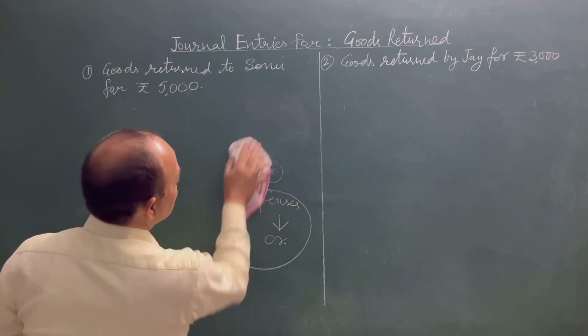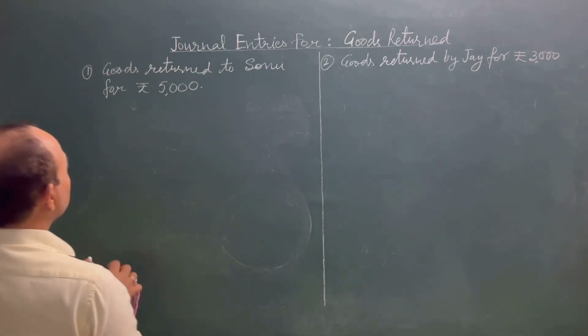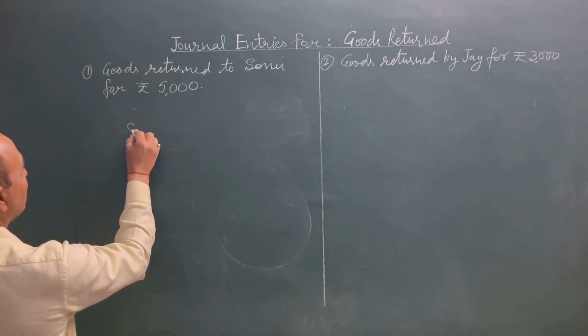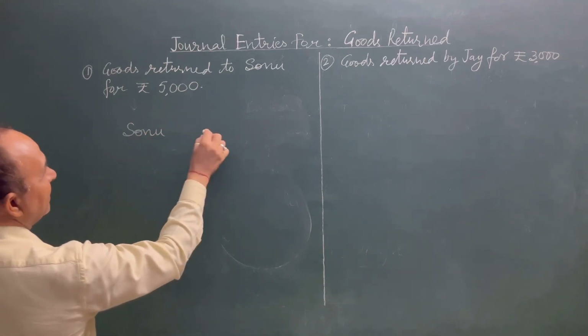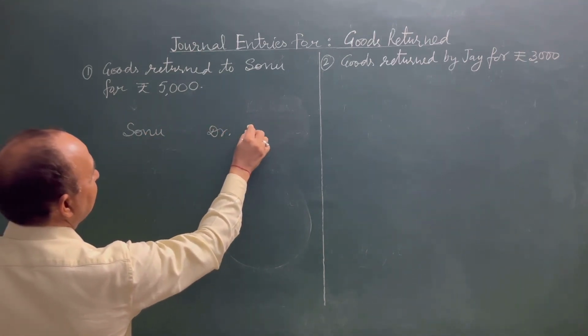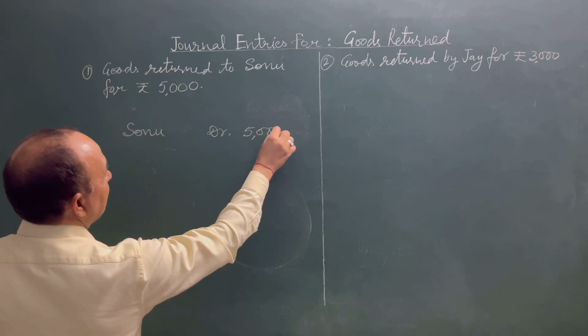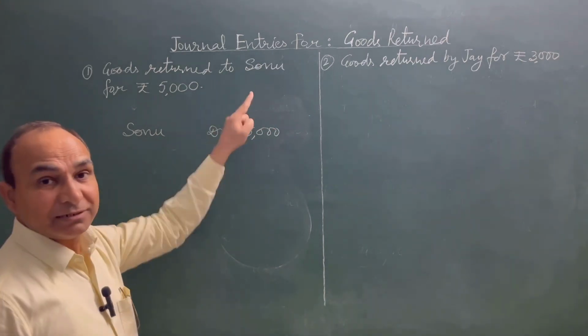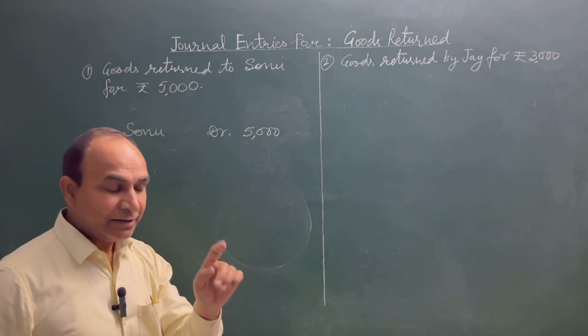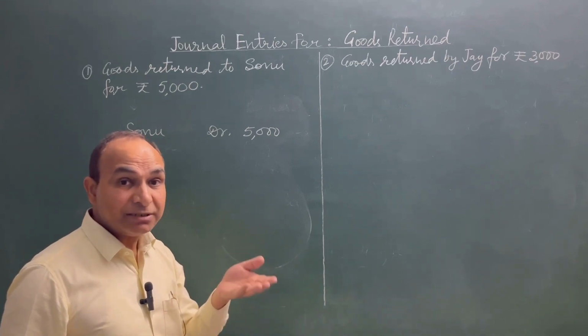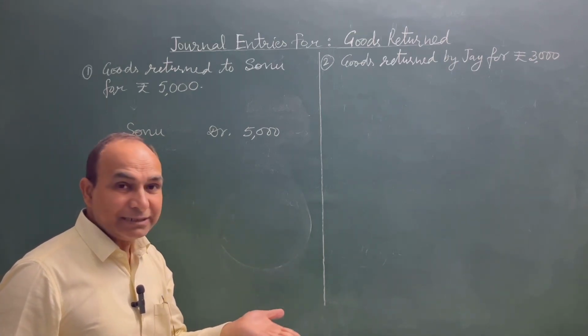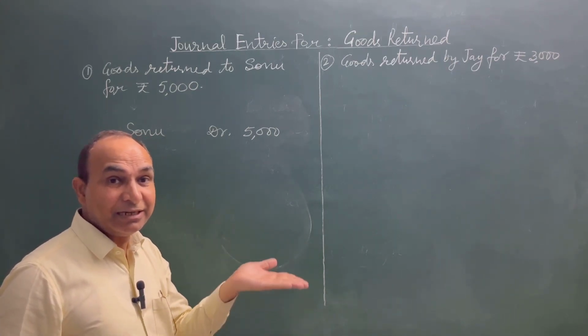So to whom did we return the goods? We returned the goods to Sonu. So our journal entry will be Sonu debit, debit the receiver, 5,000. Sonu is our supplier, Sonu is our creditor. When we purchase goods from the suppliers, there is an increase in creditors, there is an increase in liability.